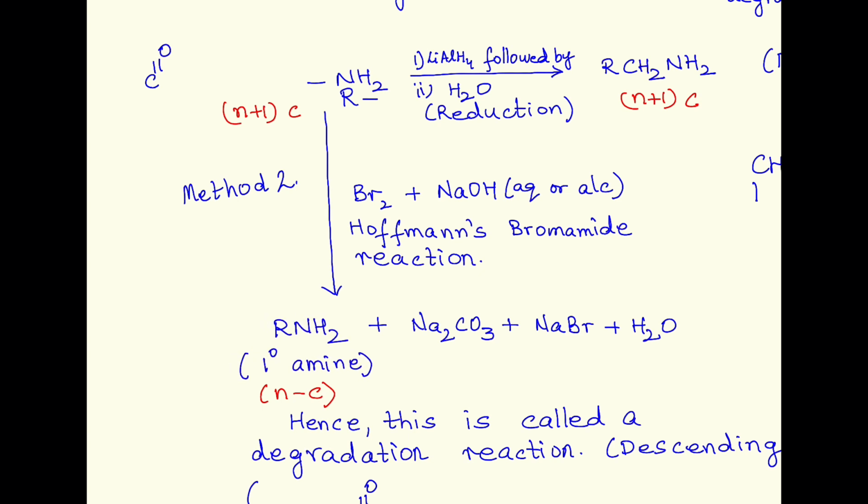Hofmann's bromamide reaction can be used to prepare only primary amines, that means those containing the NH2 group.